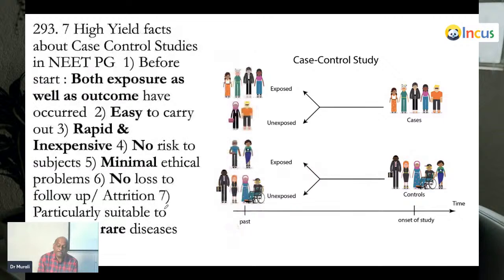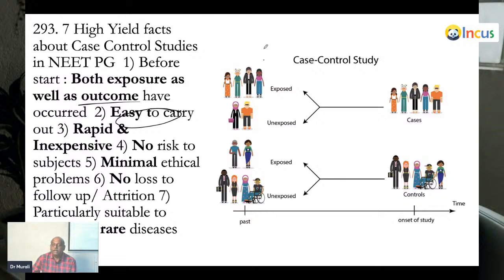Then what are the 7 high-yield facts about case control study? Both exposure as well as outcome has occurred. Cases happened, and exposure to smoking is also over. Easy to carry out. Suppose you want to do a case control trial.